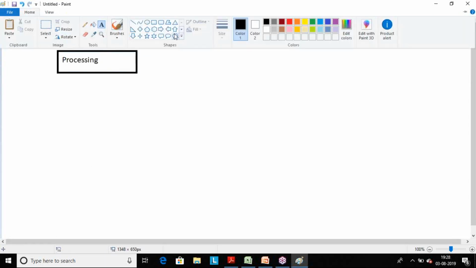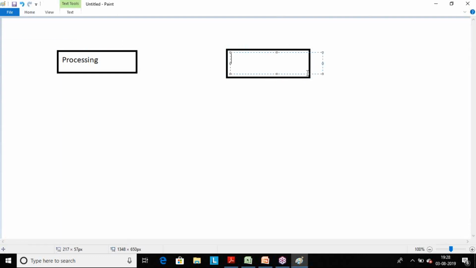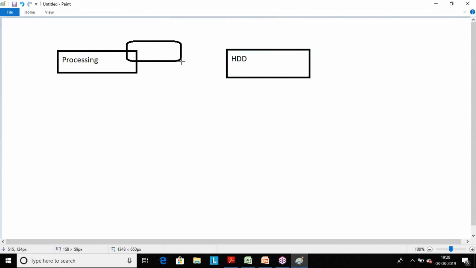Then we have the hard disk, which we also call ROM. With this processor, we also have the RAM, which is temporary memory.